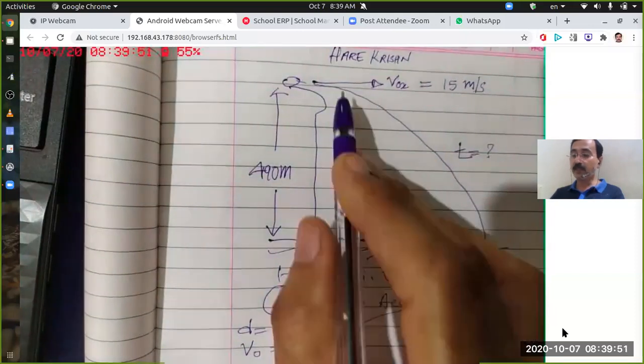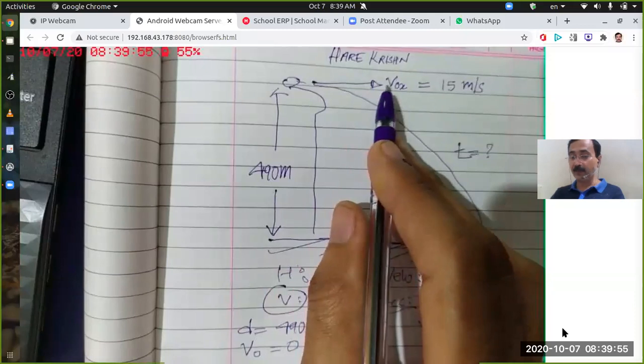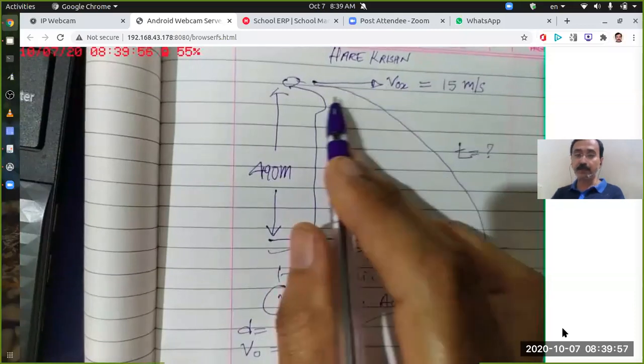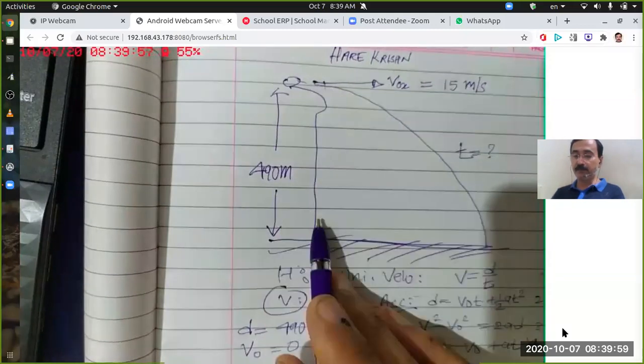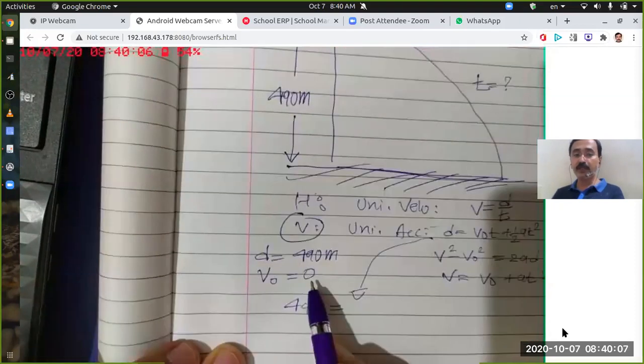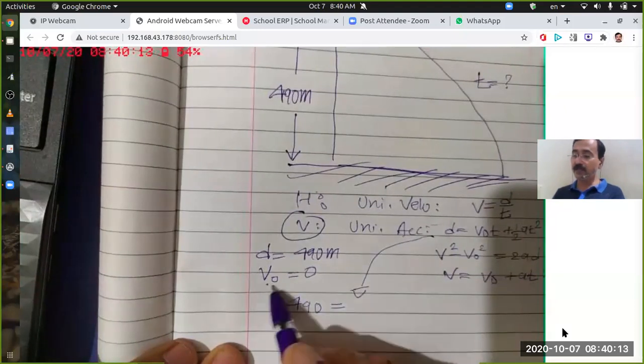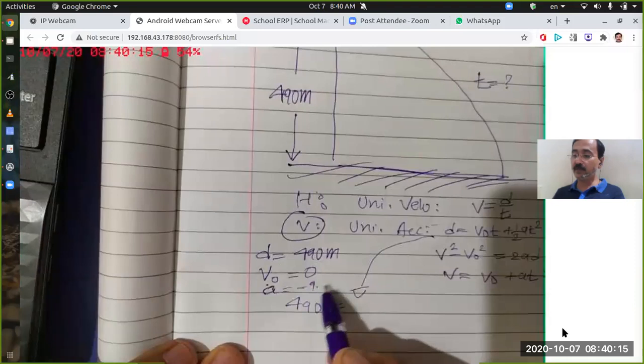So if the object is traveling entirely along the x-axis, what's its y part? What is its y part then? 0. Do you get it? Yes. Okay. Acceleration is given as negative 9.8.